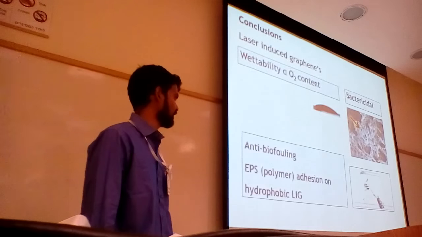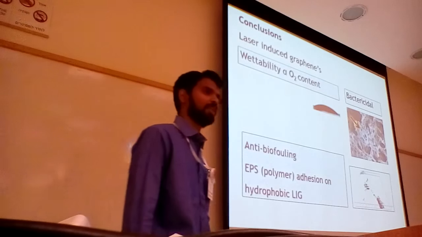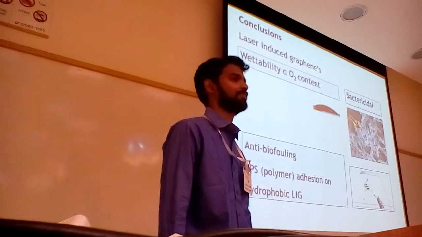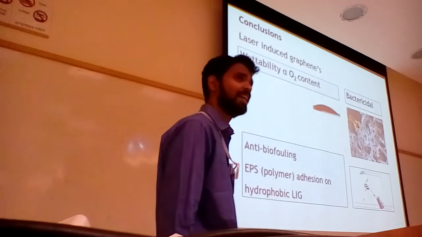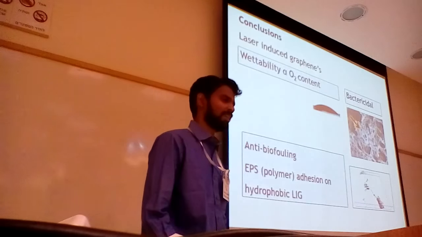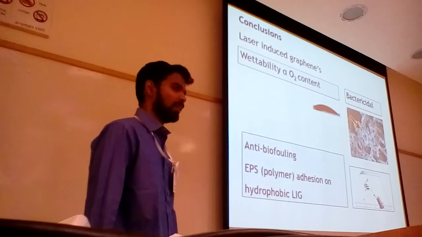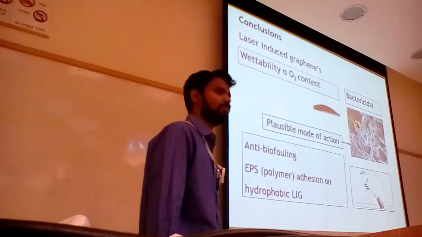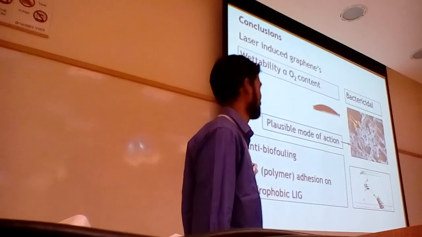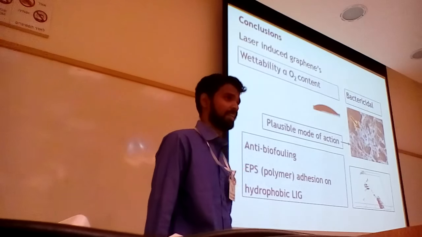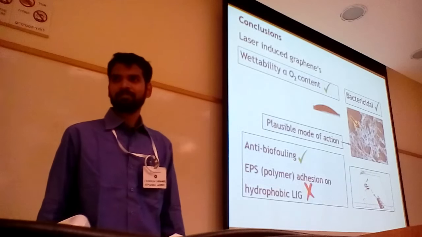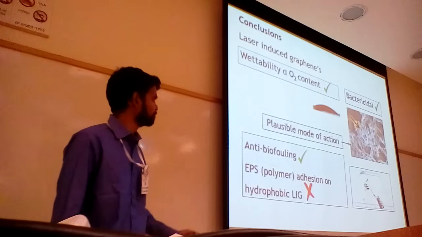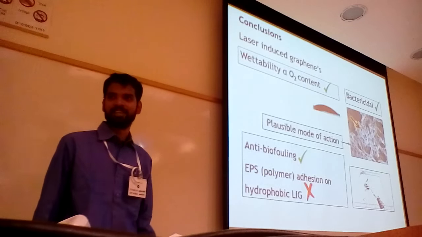And assuredly, they are anti-biofouling for both gram-positive and gram-negative bacteria, except for some polymeric adhesions. The plausible mode of action for biofilm prevention is because it is bactericidal. So, advantages and disadvantages.